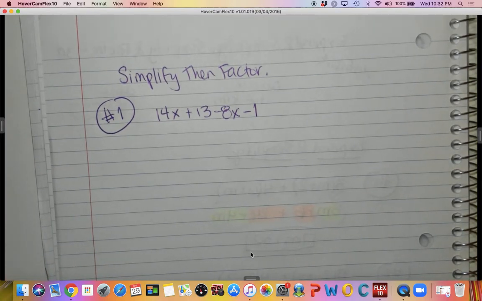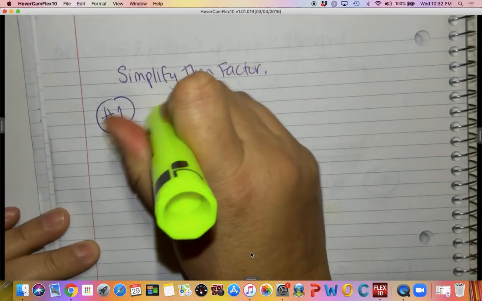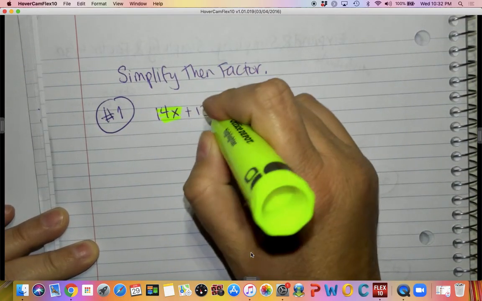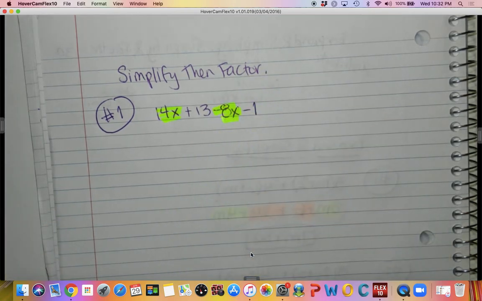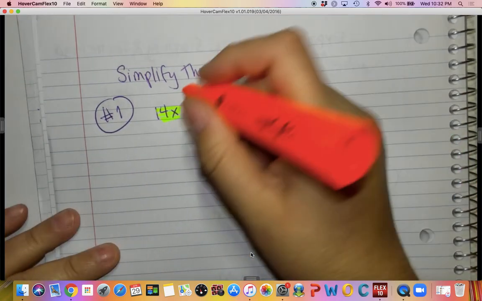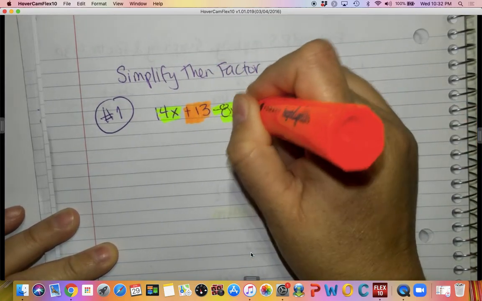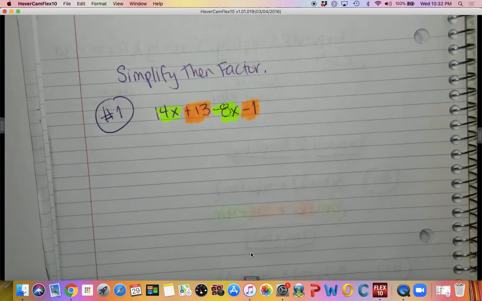So I'm going to take my x's and I'm going to take my numbers and I'm going to put them together.